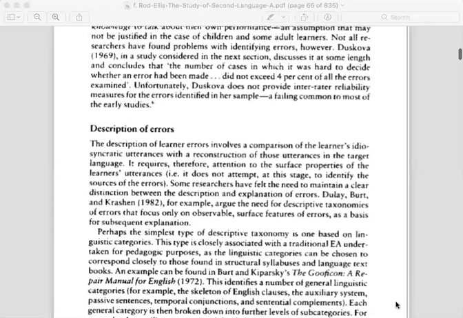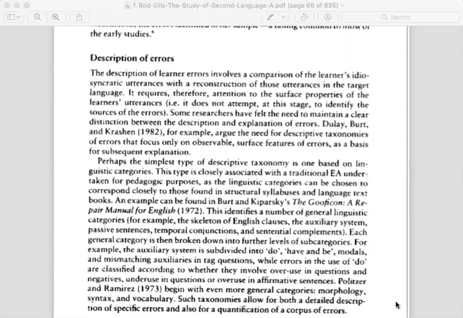Okay, let's come to the description of errors. Once you have collected the data and separated the errors by identifying them, we come to the third step of description of errors.